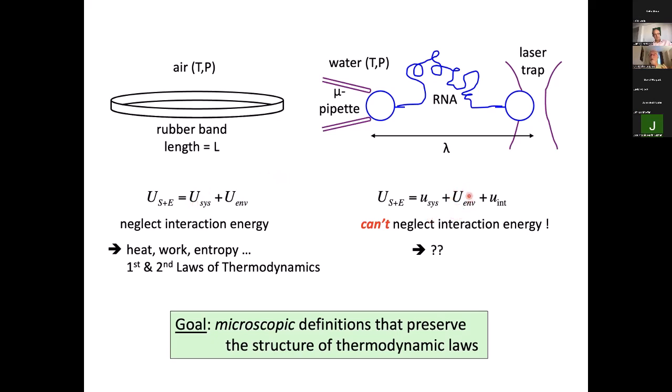Similarly, the internal energy of the environment in this case is also denoted by capital U because I'm assuming there's a macroscopic bath of water in which this particle is immersed. On the other hand, the internal energy of the system of interest itself and the interaction energy, those are really microscopic quantities, so they're going to be denoted by lowercase letters, and I'll use that notational convention throughout the talk.